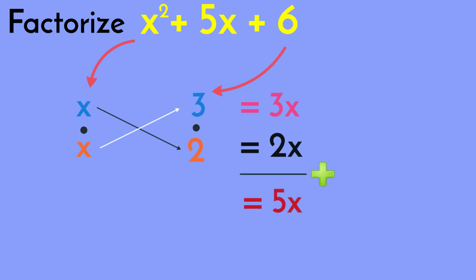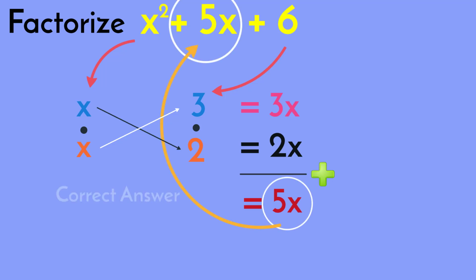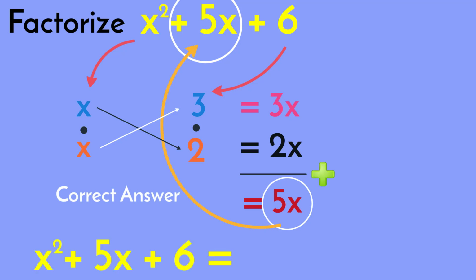Next, add the results. 3x plus 2x is equal to 5x. This time, the result from the addition matches the middle term here, so we can conclude that this is the correct answer. And so, the factorization of this expression is x plus 3 times x plus 2.